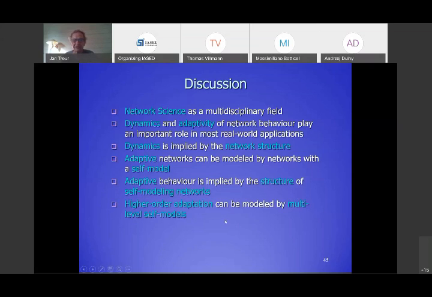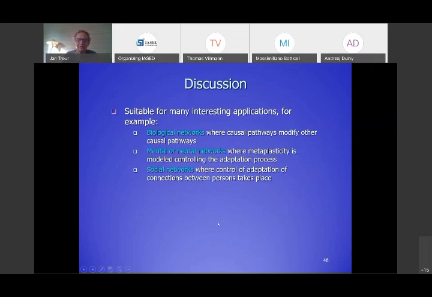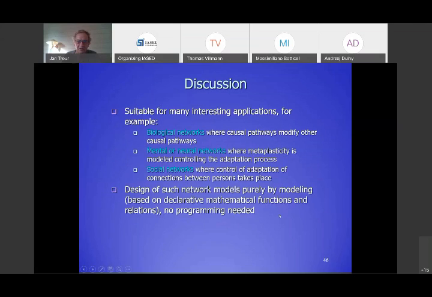Higher order adaptation can be modeled by multi-level self-models. And you can find a lot of interesting applications in my book. There are also more papers on my ResearchGate site, for example. And you don't need programming, because the modeling is purely based on mathematical functions and relations, and we have a dedicated software environment for that.